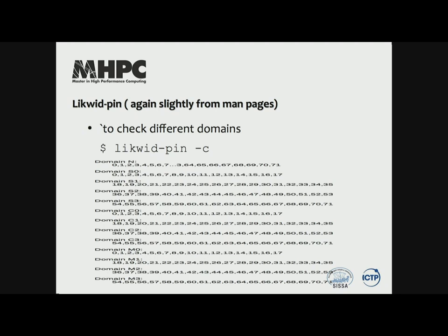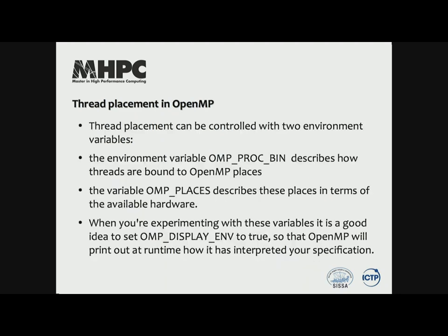Then you have the domain S, socket, and then you also have the domain M, memory. So you have different domains, and then you can specify where you want to put your application. In this way you can play a little bit, and I can try to show you which kind of effect you can have by changing the places.